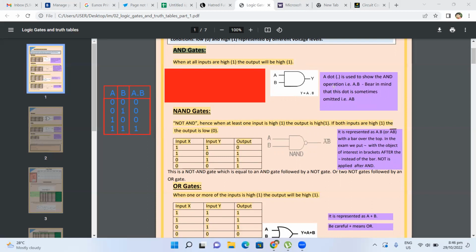Draw the symbol. Write down this special purple color box statement in purple color, and this is called the truth table. Truth table. So please write down. Let me know once you're done.